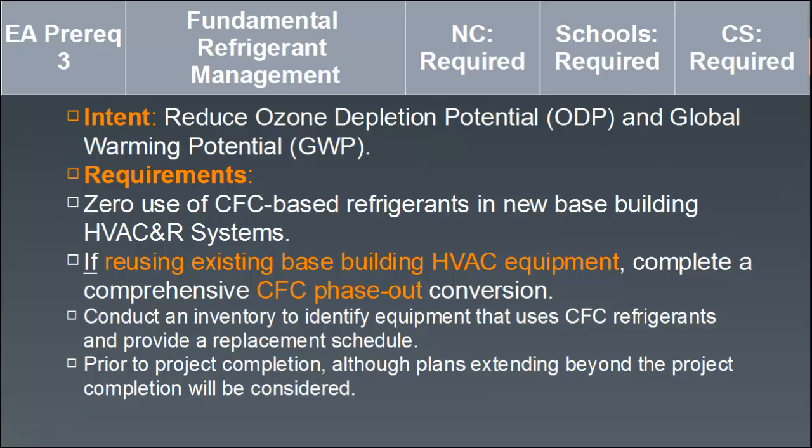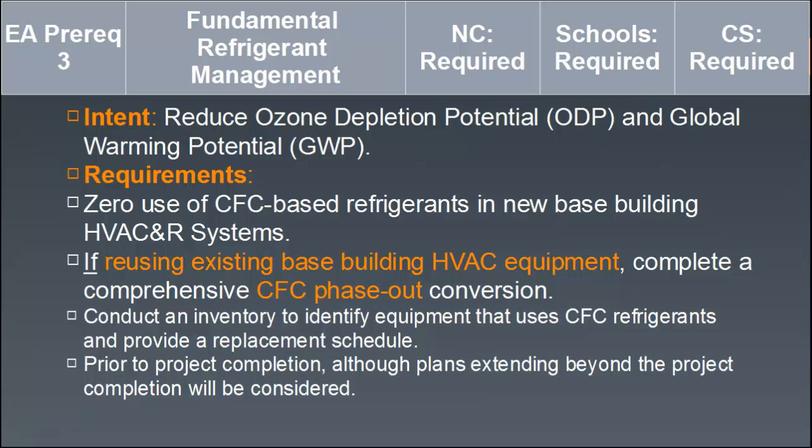The intent of this prerequisite is to reduce ozone depletion potential and global warming potential. The requirements are zero use of CFC-based refrigerants in new base building HVAC and refrigerant systems. This is now required of all buildings, but if we're using existing base building HVAC equipment, you need to complete a comprehensive CFC phase-out conversion.